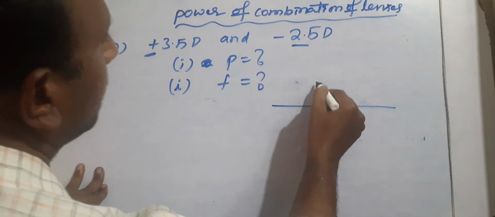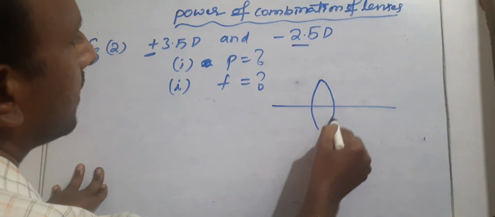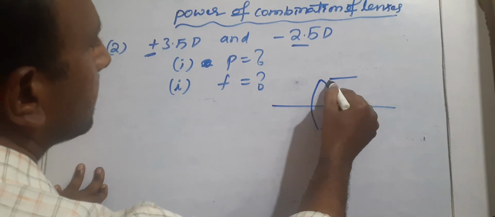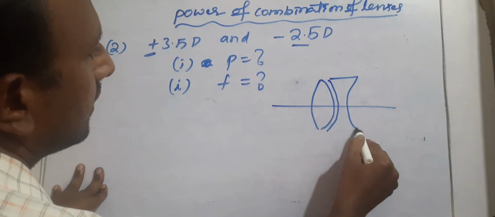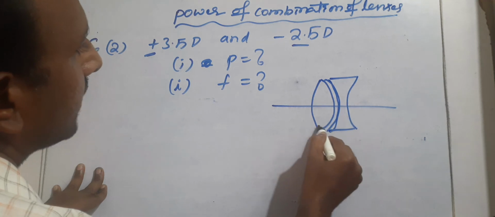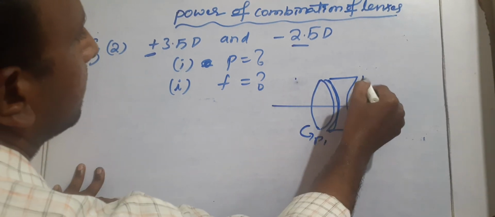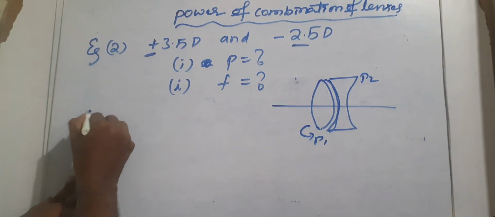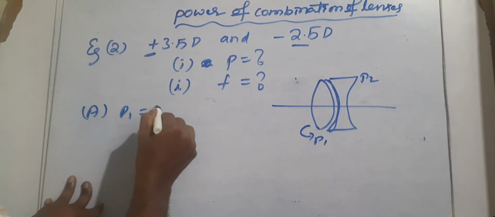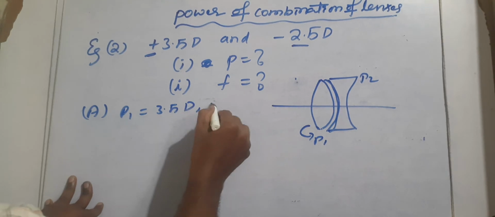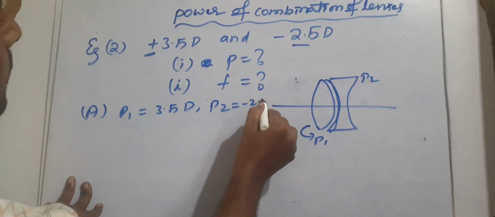Now you can see it in the form of a figure. It is a converging lens or convex lens, and this is a diverging lens or concave lens. Their powers are P1 and P2. P1 is 3.5D, P2 is minus 2.5D.